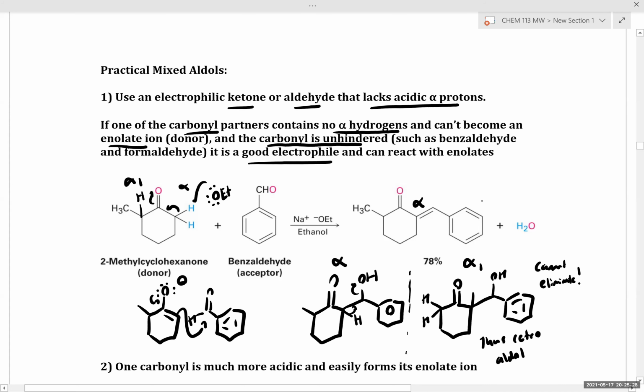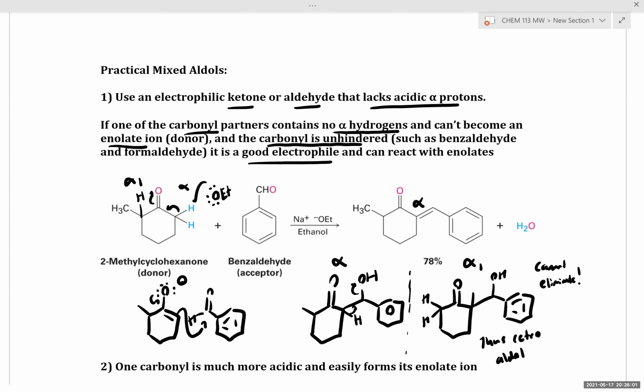So, for practical mixed aldols, we choose our substrate, 1, so only one of our substrates has enolizable protons, and 2, because the aldol reaction is often driven to completion by a dehydration step or loss of hydroxide or water to form your enone, you can get regioselectivity because the dehydration step drives the reaction to completion.